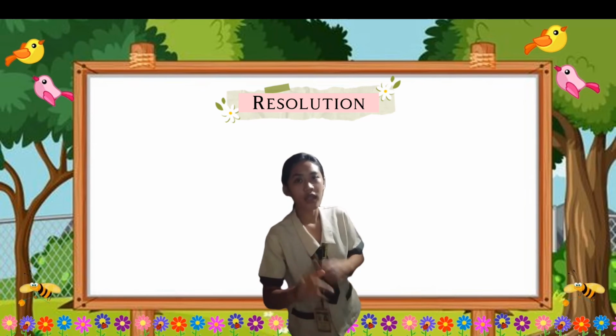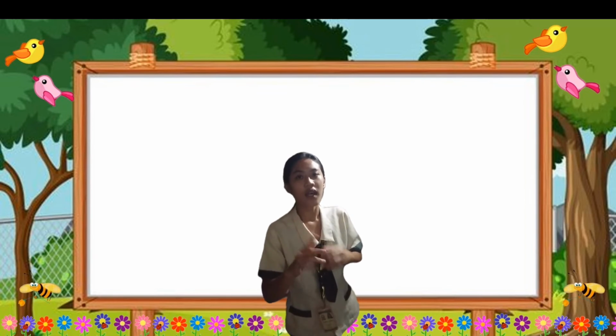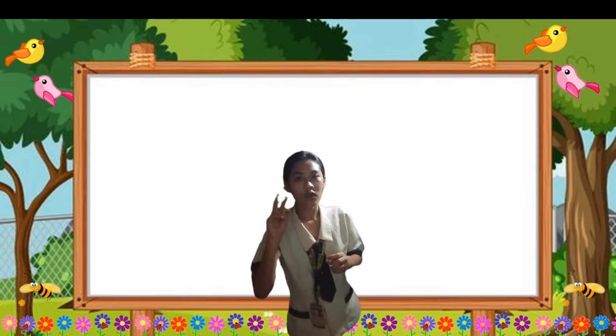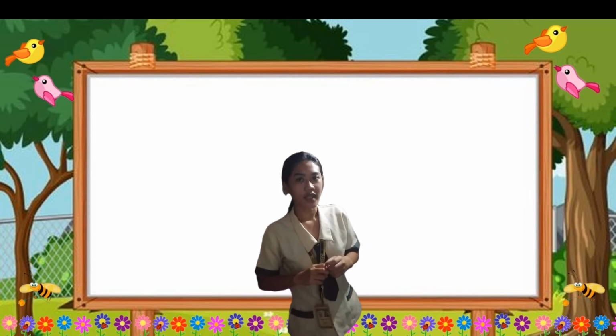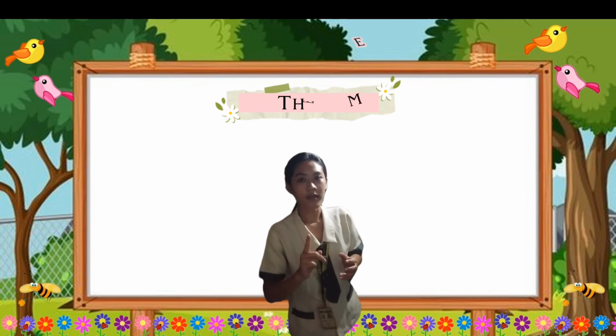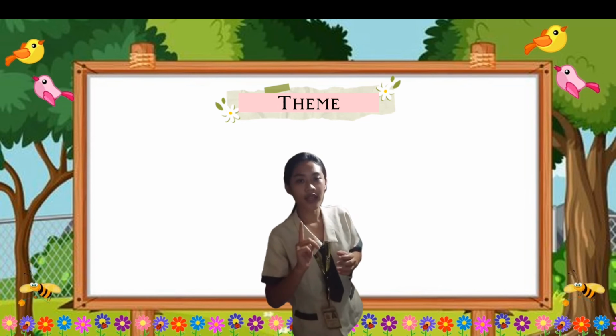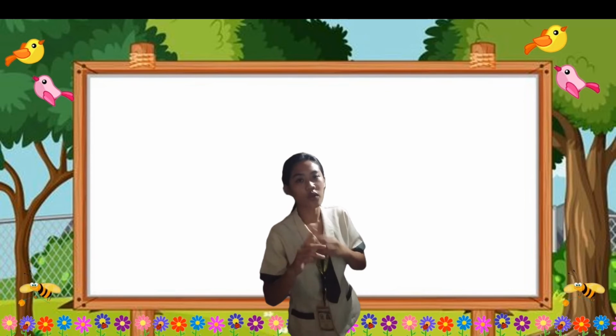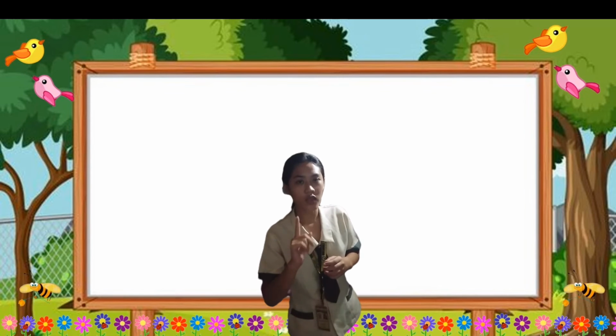The resolution is the story's action after the climax until the end of the story, where all of the loose ends are tied up. This falling action leads to the conclusion of the story. Next is the theme. It is the story's main idea, the message the writer intends to communicate by telling the story.